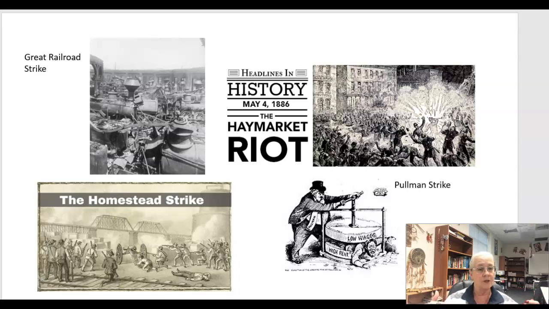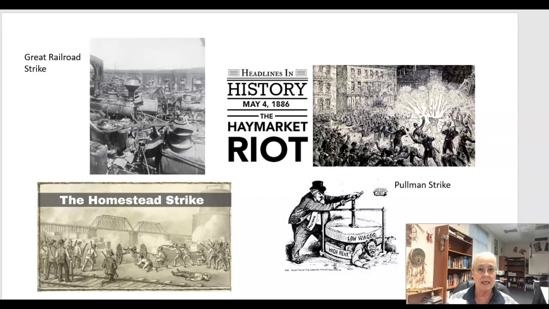Pullman's going to reduce workers' wages by 25%, but not reduce the rent. And so it's really going to be a double whammy for these workers. And so they're going to go out on strike. They're going to call in the ARU and ask them for help. And it's going to get ugly. And President Cleveland, Grover Cleveland, who is president at the time, is going to send in troops, and a court order is going to stop this particular strike.